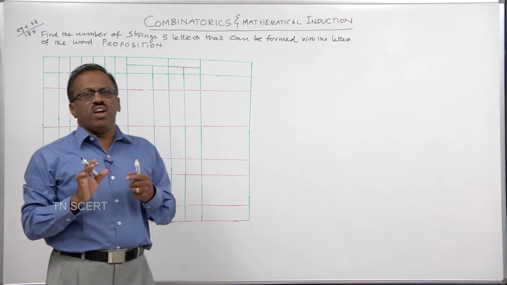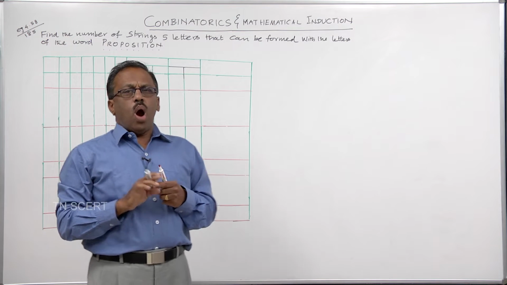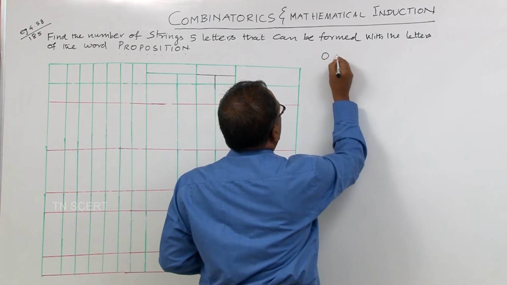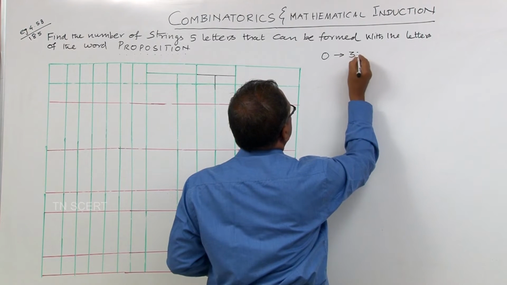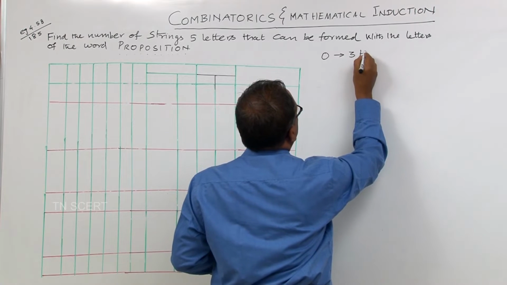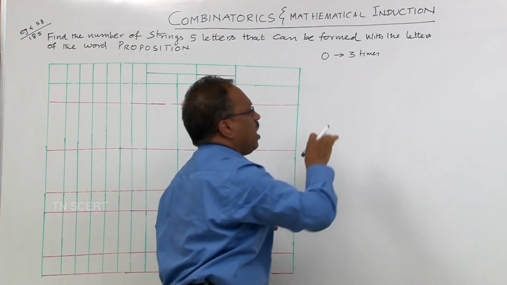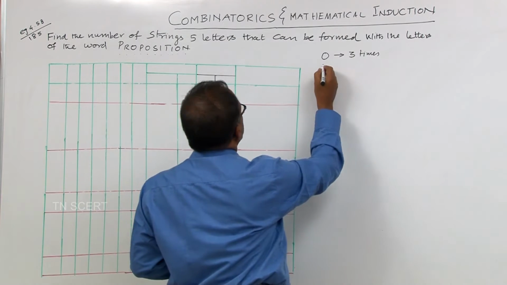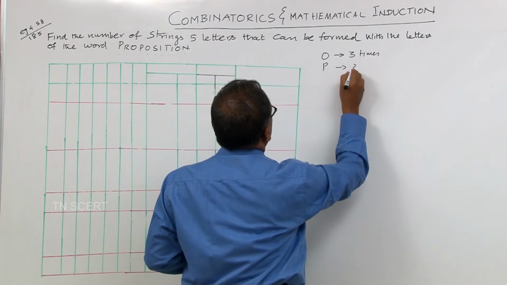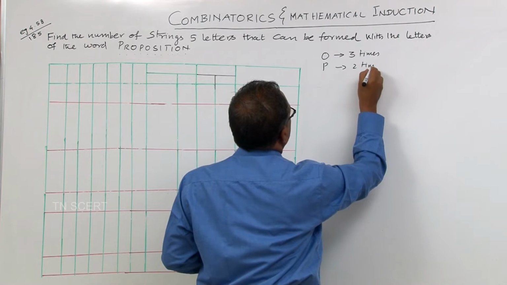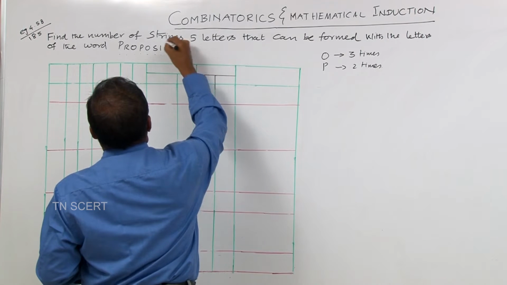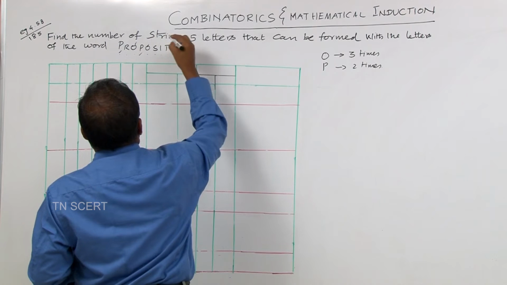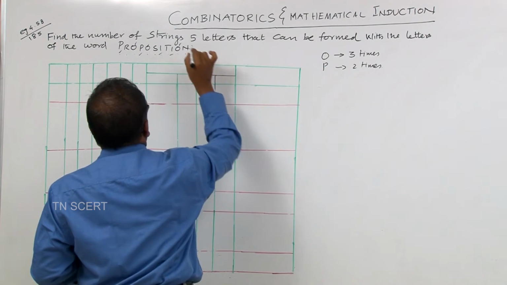Out of these 11 letters, how many letters are repeated? O is repeated thrice, 3 times here. P is repeated 2 times. I is also repeated twice.